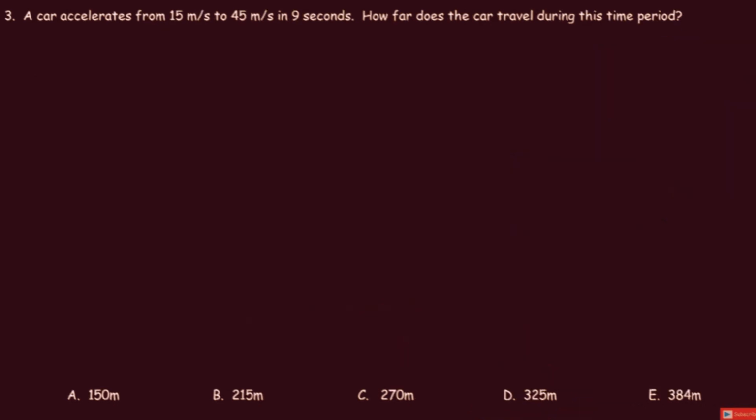A car accelerated from 15 meters per second to 45 meters per second in 9 seconds. How far does the car travel during this time period? For these types of problems, you may want to make a list of what you know and what you need. We're given the initial speed as 15 meters per second.